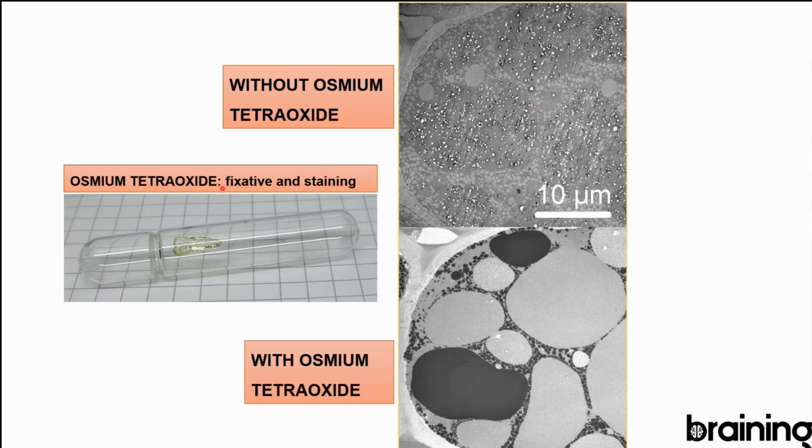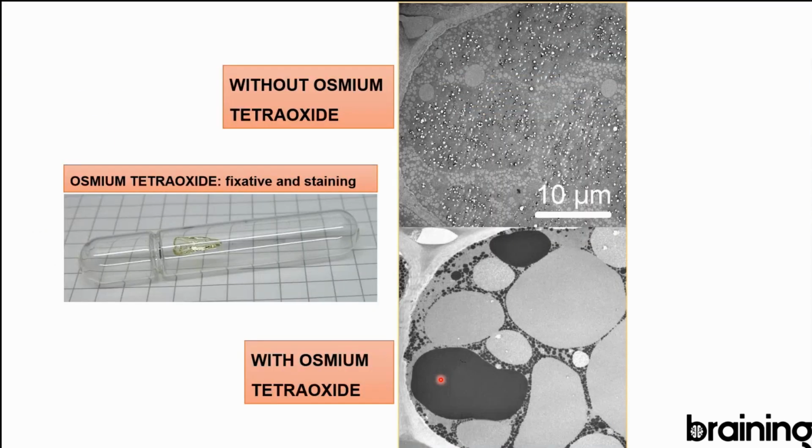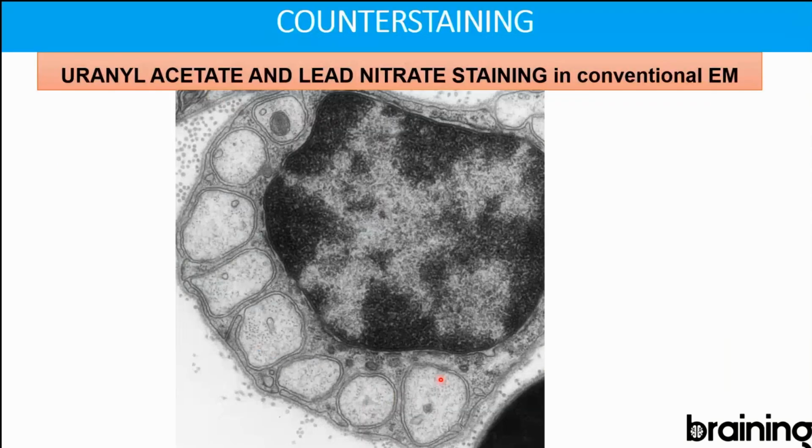But since it is a strong fixative and also a staining, if you use it for post-embedding, so you're using osmium prior to your immunolabeling, then you won't be able to really visualize the labeling that you are looking for when you are doing this kind of labeling on your grids, okay? So we can talk about this later if you want.